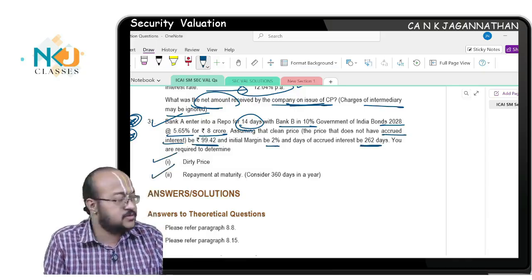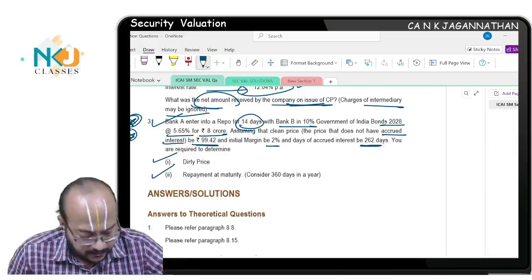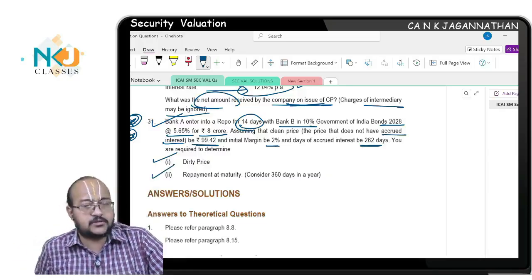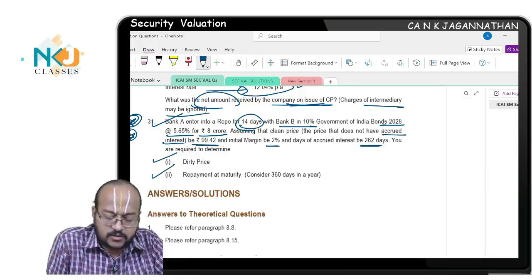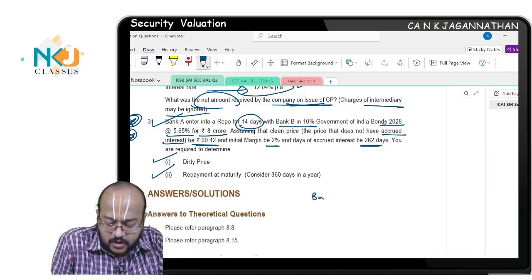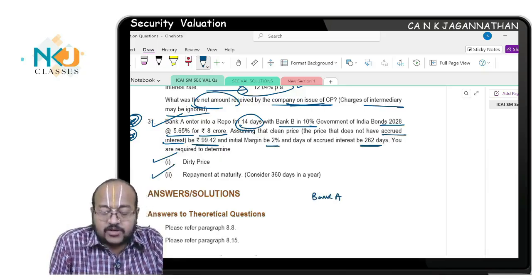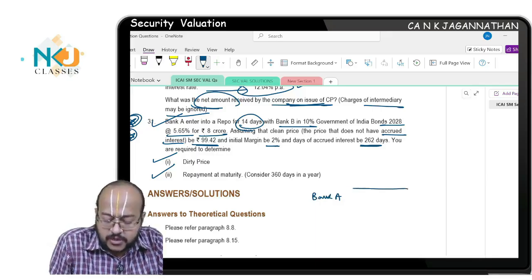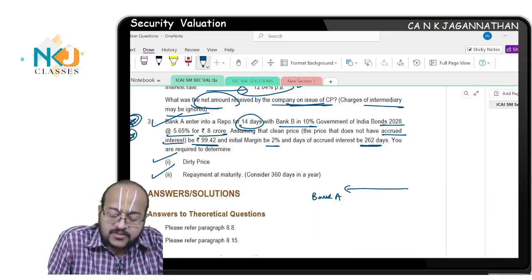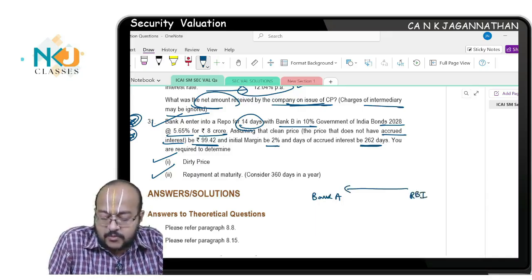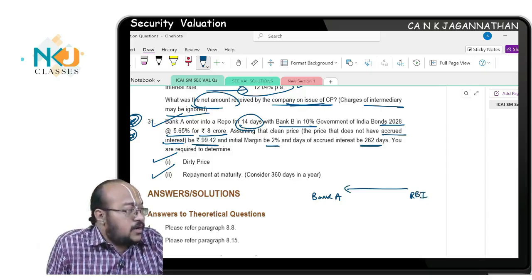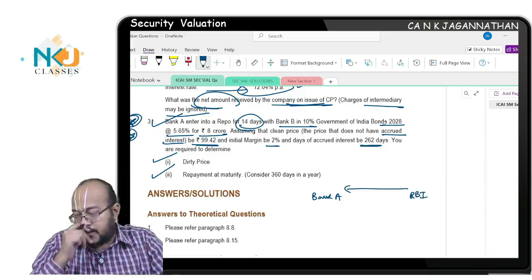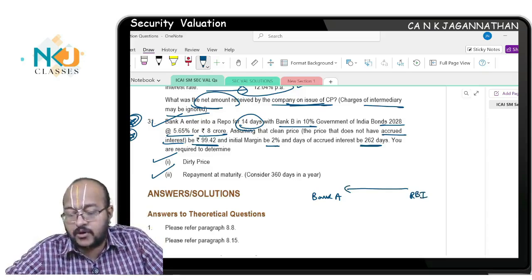See what happens. This is a repo based question. Repo and reverse repo transactions, you need to understand. Short-term security: Bank A, assume this is a commercial bank, borrows money from the central bank, say RBI, at the rate of repo.